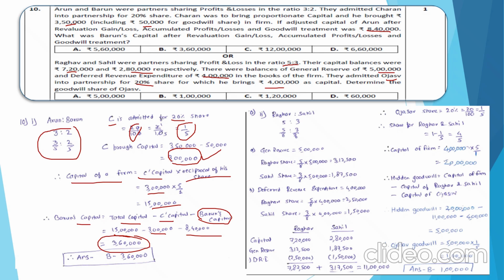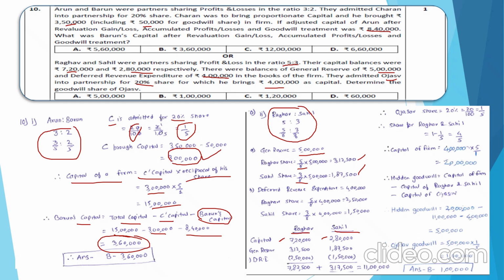To start with, the partners' profit sharing ratio is 5:3, right? And their capitals were 7,20,000 and 2,80,000. So I mentioned the capitals here for both the partners. The balance of general reserve was 5 lakh. I divided it in the profit sharing ratio for Raghav and Sahil and got 3,12,500 and 1,87,500.